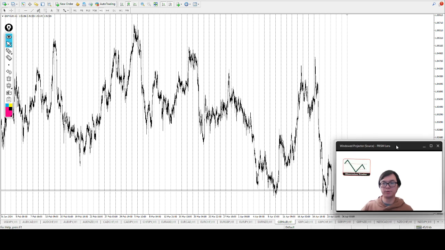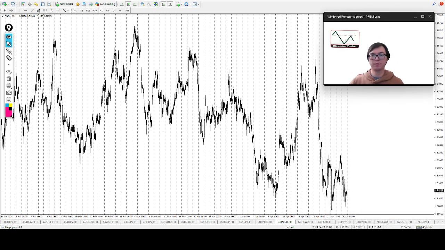Pound Australian dollar. This pair, we see the top, we see the bottom, but there is no breaking of this resistance or support. So we don't have anything going on for the dimension 2.